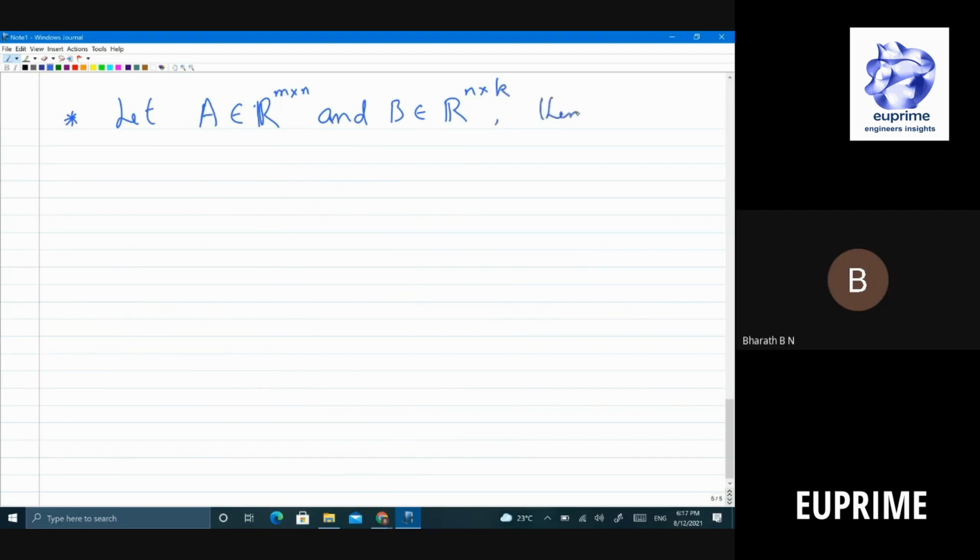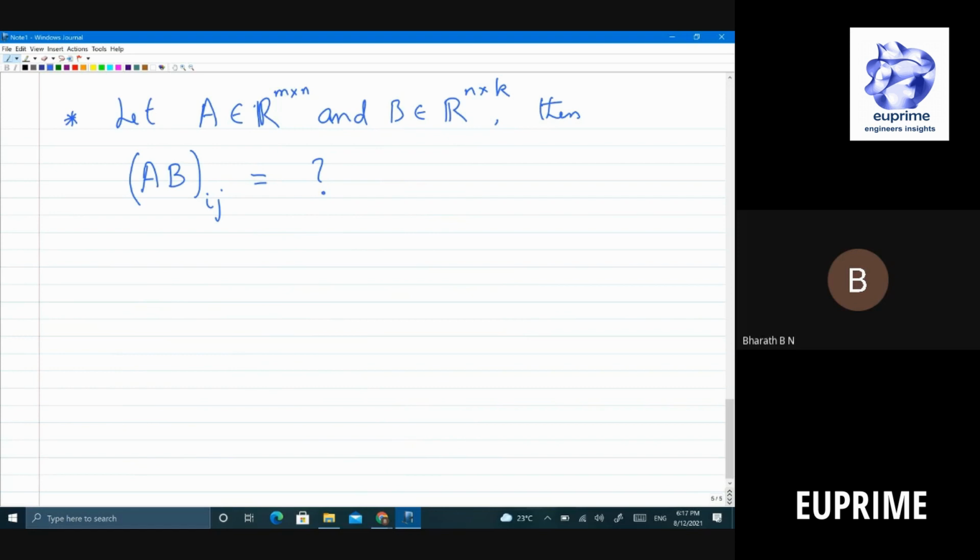Then if I look at AB, what will be the dimension of AB? M cross k. That will be the dimension. So I can talk about the ijth entry of this matrix. What will be the ijth entry? Can somebody guess or say something about the ijth entry? How do you get the ijth entry of the product of two matrices?